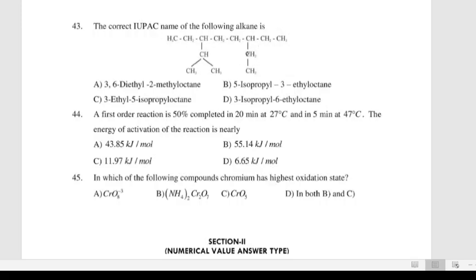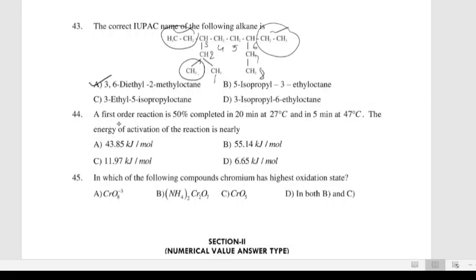So here we have branches also in the compound. Let's start. Take the longest chain from here. 1, 2, 3, 4, 5, 6, 7, 8. So it's an octane, substituted octane. This is one ethyl group and this is another ethyl group and this is the methyl group, right? So ethyl comes first in the alphabetical order, which is 3, 6 diethyl, and the second carbon has a methyl group, so 2 methyl octane. So the first one is the correct one.